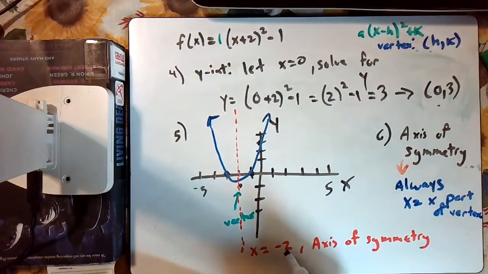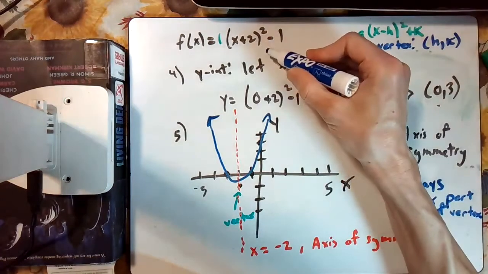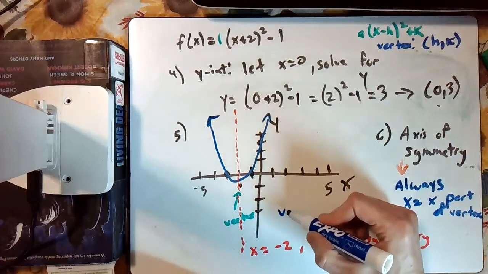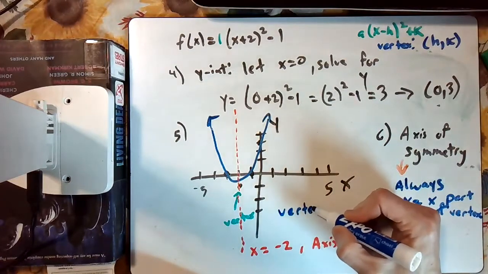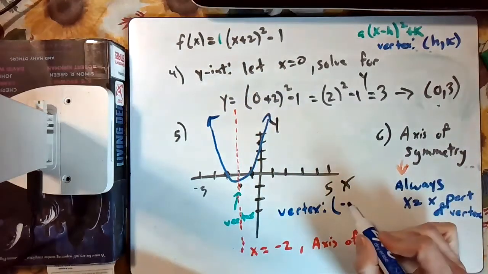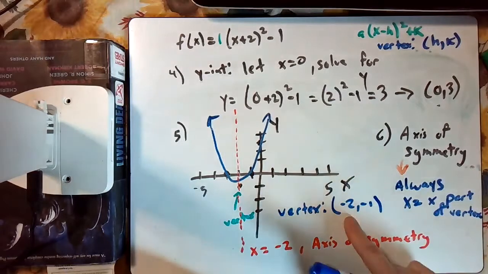So where did that -2 come from? The vertex, right? What was the vertex in this case? Remember, the vertex was -2 comma -1. So once you find the vertex, you already have the axis of symmetry.